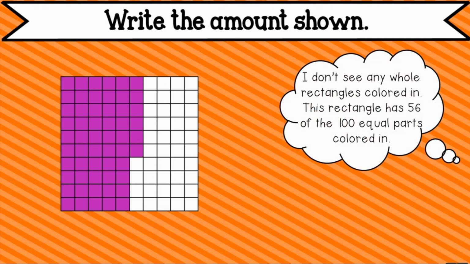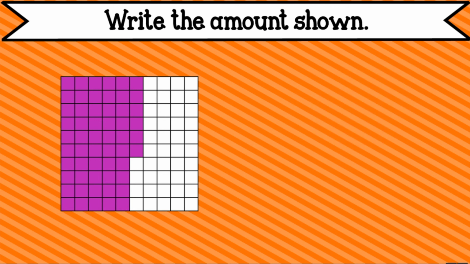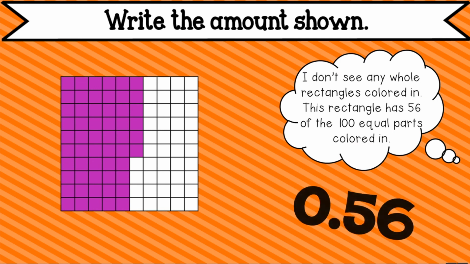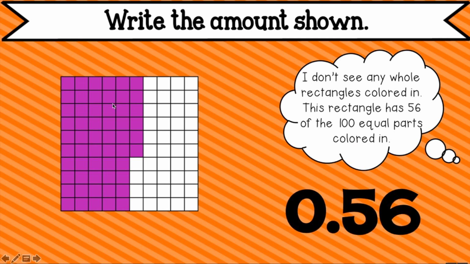So I don't see any whole rectangles colored in, so this rectangle has 56 of the 100 equal parts colored in. So this is not going to have any whole numbers in this number. So this is actually going to look like this, 0.56, because there are 56 of the 100 blocks colored in.